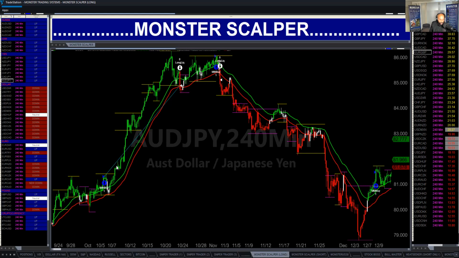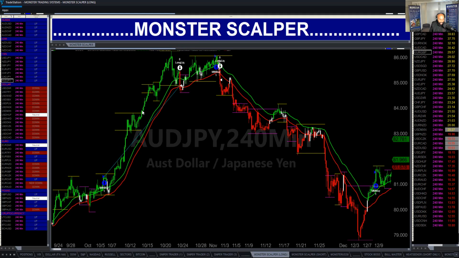Some traders will buy here when the price comes to support. They'll take a second position here, right at support or near the moving average. They could take another position. I think that's a bit risky, because anytime price gets close to support, guess what? We could get a sell signal.